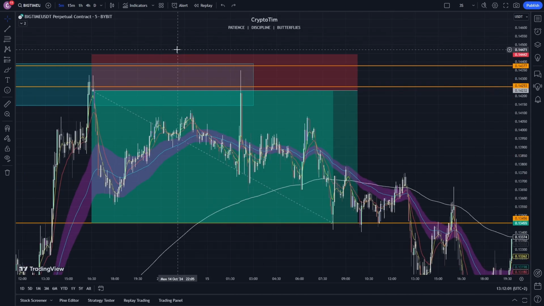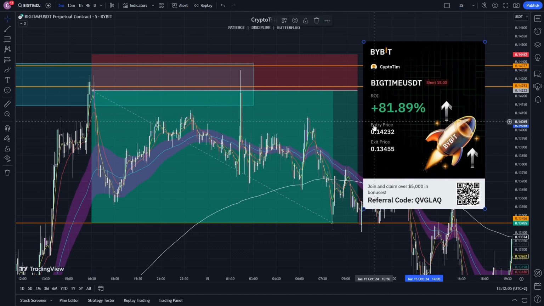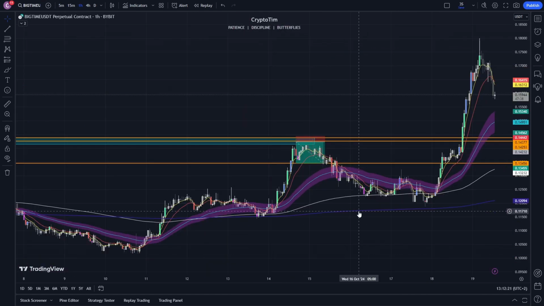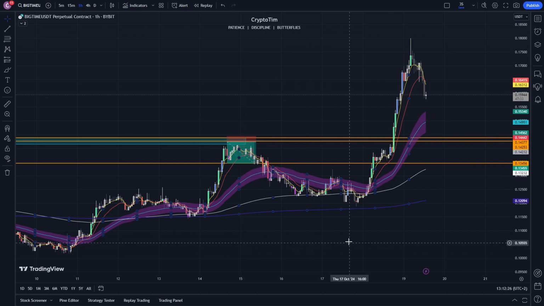So if we go back a little bit, we should have the screenshot as well. Now here you could see the screenshot of the trade, entry at 0.14232, take profit at 0.13455. So in hindsight, if we have a quick look at what happens on the 1 hour time frame, we could see this was also a swing level.